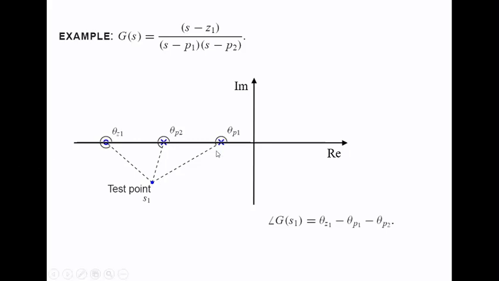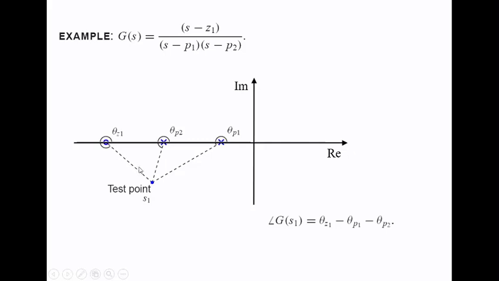So what do we do? We have to take the summation of angles of zeros minus the summation of angles of poles. We have only one zero, so we will take theta z1, the angle due to this zero, which is a vector.